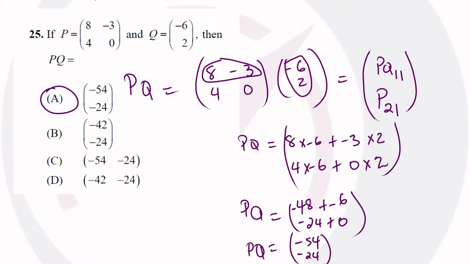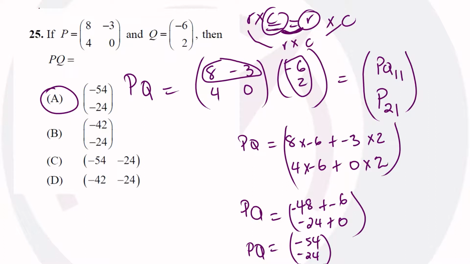So what I did first was check that the number of columns in the first matrix is equal to the number of rows in the second matrix. Once they are equal, then the matrices are compatible. Whatever is left on the outside gives us the dimension of the new matrix.